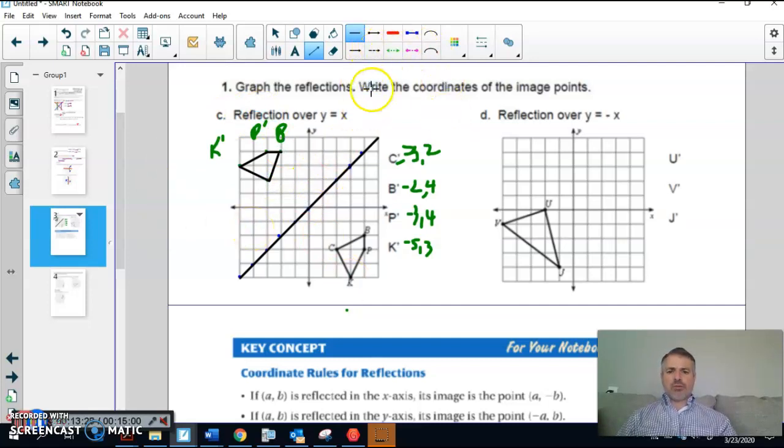And I want to show you the pattern that's formed here. So to do that, I'm going to show you the pre-image points. So the pre-image point B is at 4, -2. That's the pre-image. P is at 4, -3.